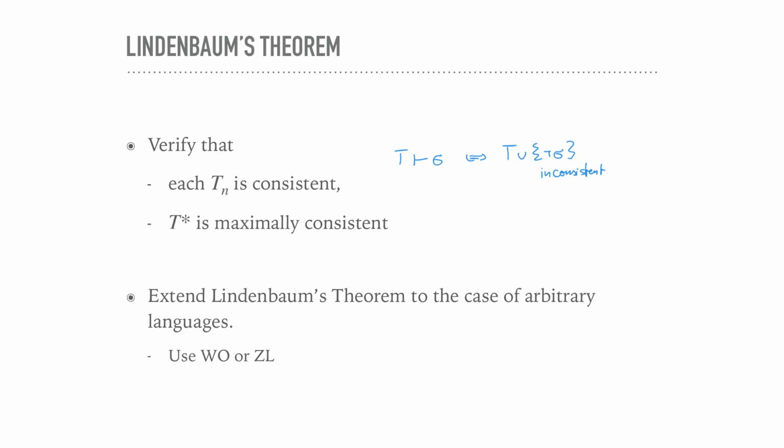So using that, you can show by induction that each T n is consistent. And then that T star is maximally consistent. There, maximality is not hard to see, and consistency follows because if you are inconsistent, it already shows in a finite subset of T star. So if T star were inconsistent, there would be a finite subset of T star that would have an inconsistency.